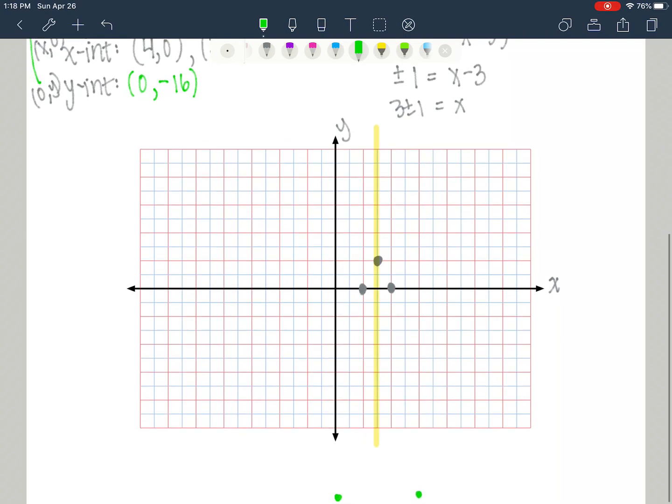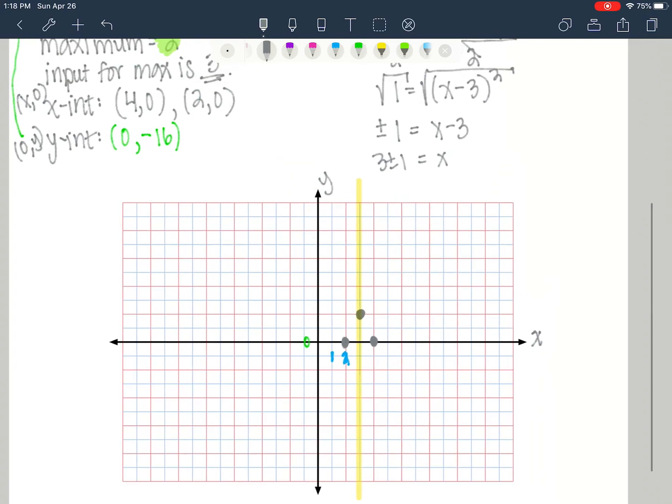So that's way off the charts. I need to put a 1 in. When I put a 1 in, I'm going to get a point that's between this negative 16 for a y value and this 0 for a y value.